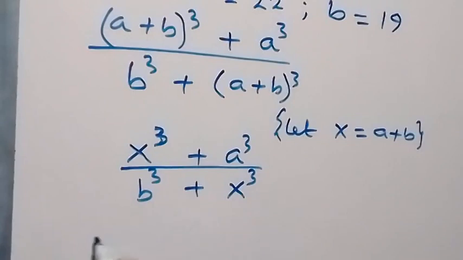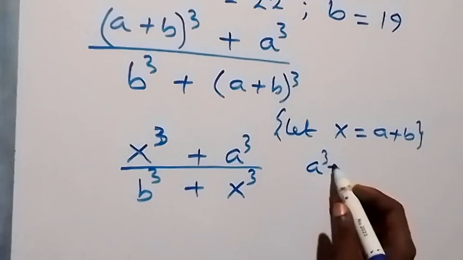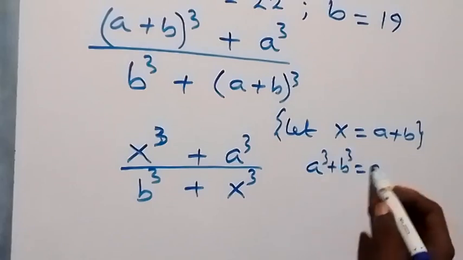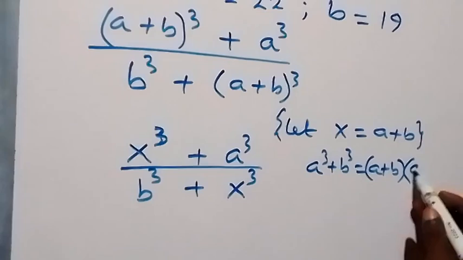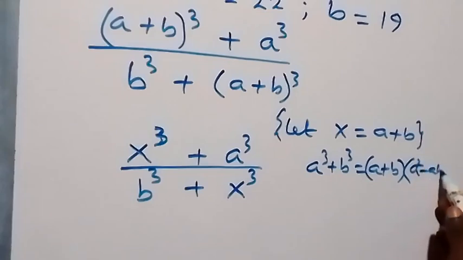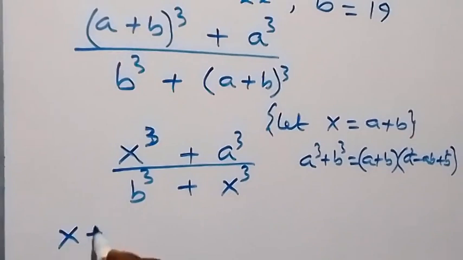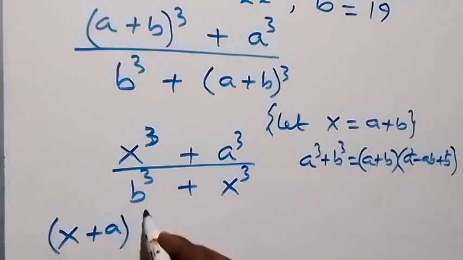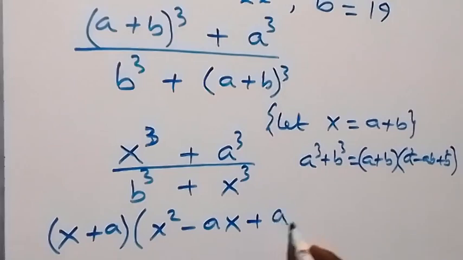From the sum of two cubes, we have A cube plus B cube. This is A plus B, then into bracket A square minus AB plus B square. So applying this here, this becomes X plus A, then into bracket X square, then minus AX, then plus A square.